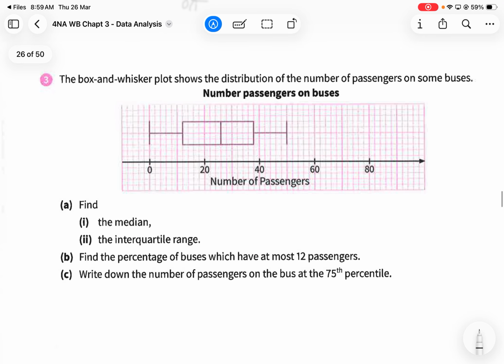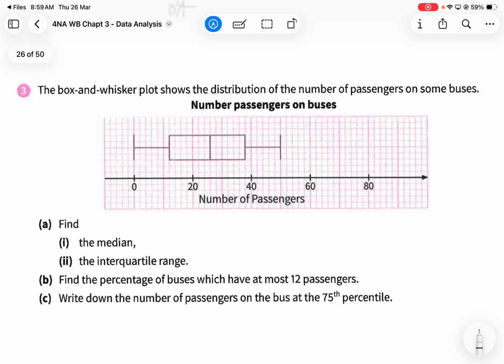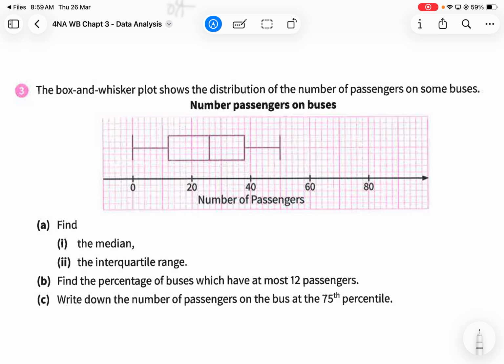Okay, question 3. 10 small boxes is 20, so each small box is 2. Median is here.